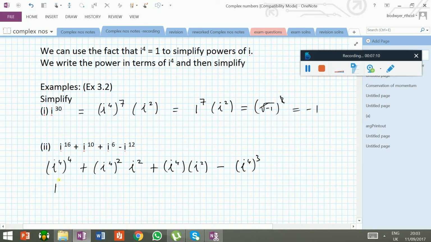That's a 1 to the power of 4 plus i to the 4 is a 1 squared, i squared. i to the 4 is a 1, i squared. i to the 4 is a 1, and that's cubed.